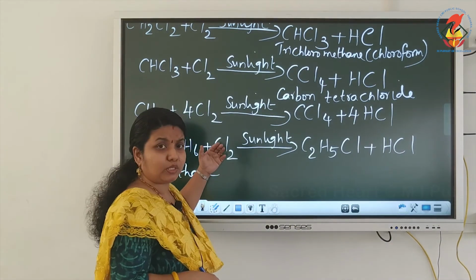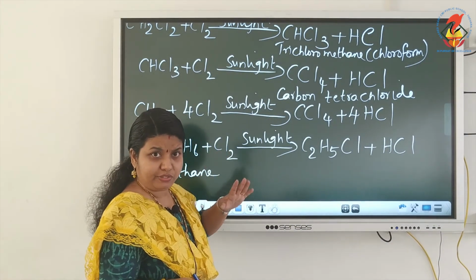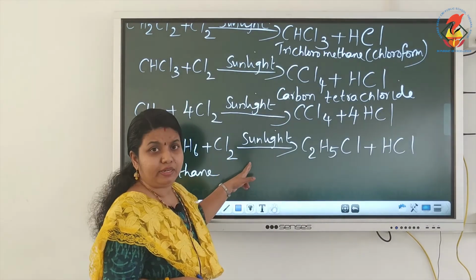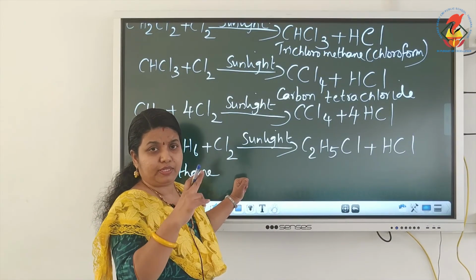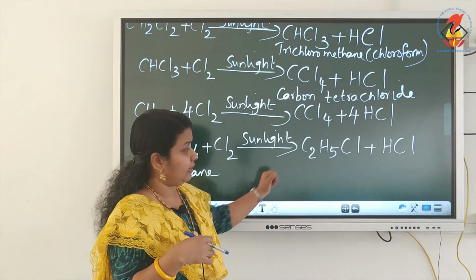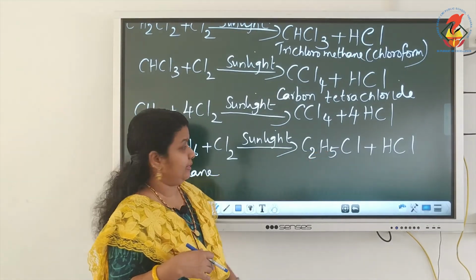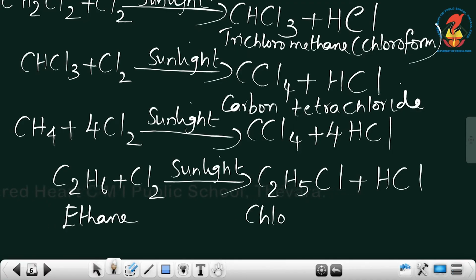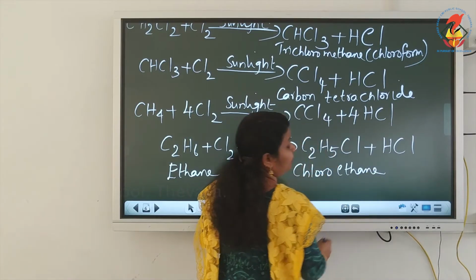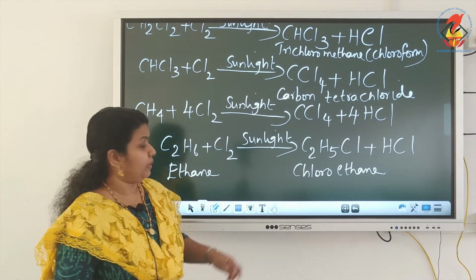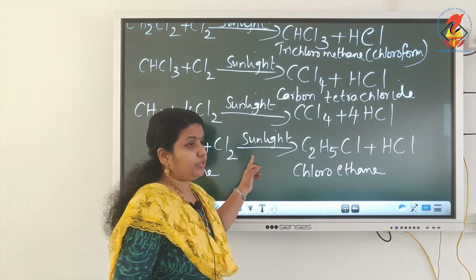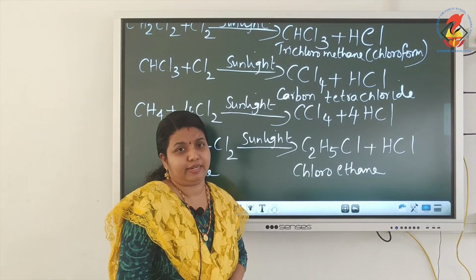One hydrogen is removed from the hydrocarbon, one chlorine is left from the chlorine molecule. Out of Cl2 only one is used for substitution, the other one combines with the hydrogen and forms HCl. So, you get chloroethane. How will you convert ethane to chloroethane? By substitution with chlorine in the presence of sunlight.